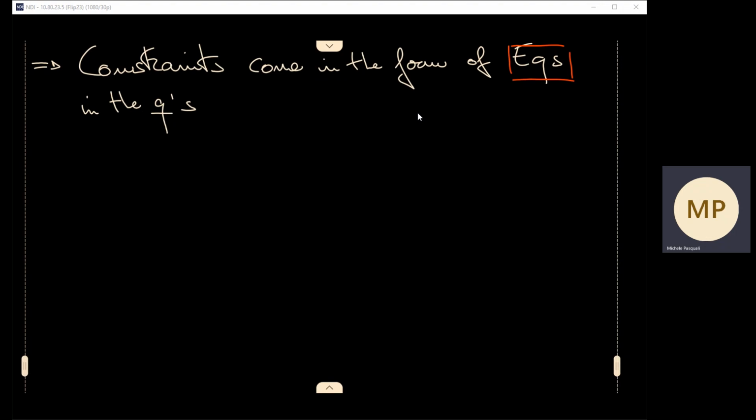Okay? Because you will be able to set a certain number of generalized coordinates as you want, with the value that you want. And then through this constraints equation, all the others will result as an enforcement of these constraints. Okay? And this is in fact the effect of a constraint, as we wrote explicitly on the board. That's to say, creating a relationship between coordinates. This is what a constraint is.